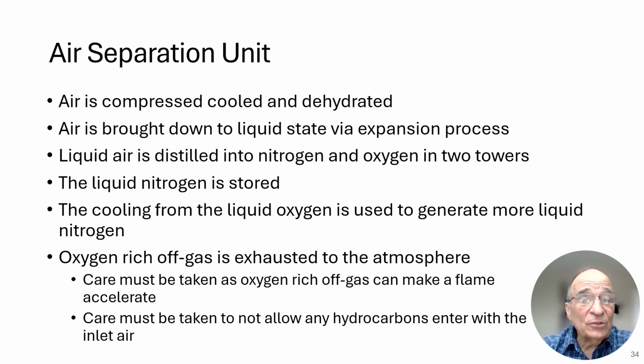Air separation units are used to produce large quantities of nitrogen where stabilization is required or where ship purging is required. Air is compressed and cooled and dehydrated. The air is brought down to a liquid state via an expansion process. Liquid air is distilled into nitrogen and oxygen in two towers.